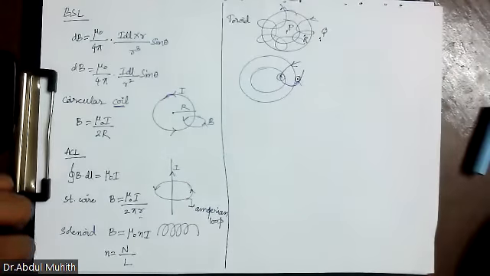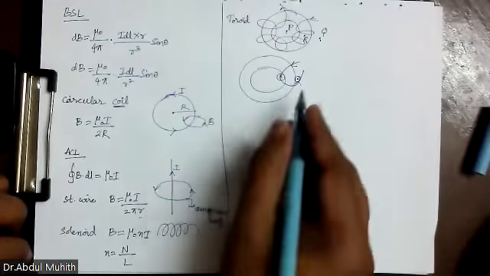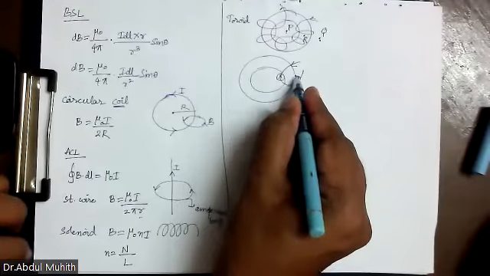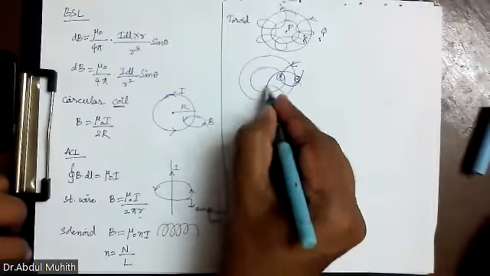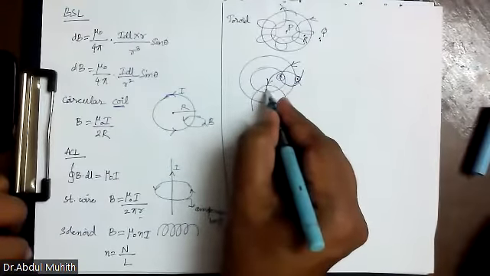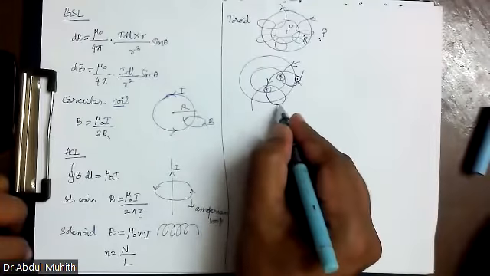Maybe the folding is in a different way, as I told yesterday, but it won't affect, because it is anyway cancelling out. So wire going in means cross, coming out means dot.